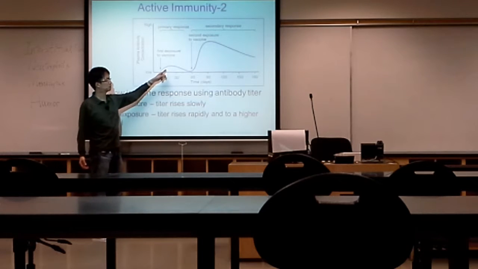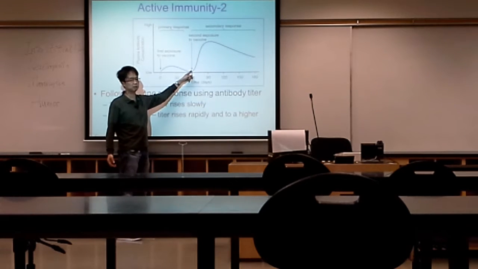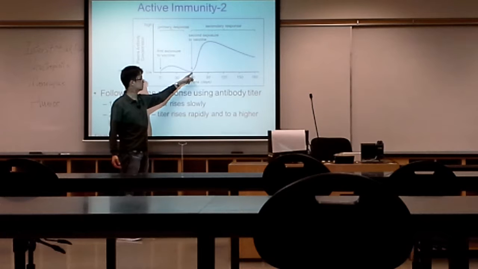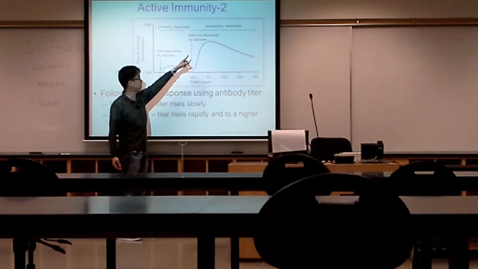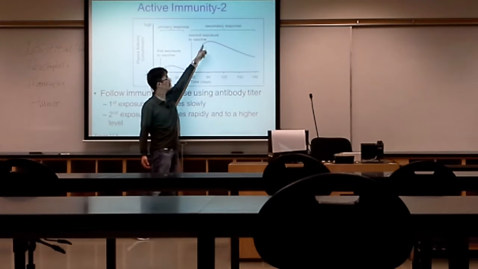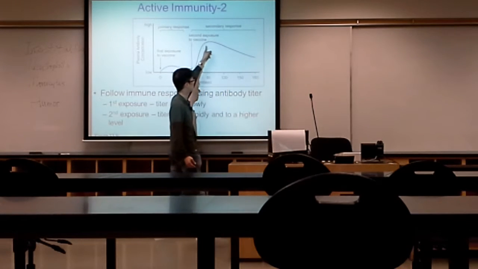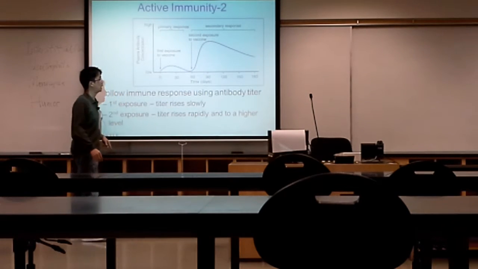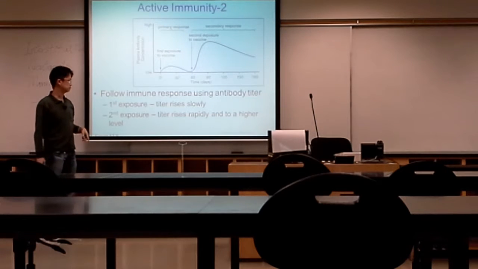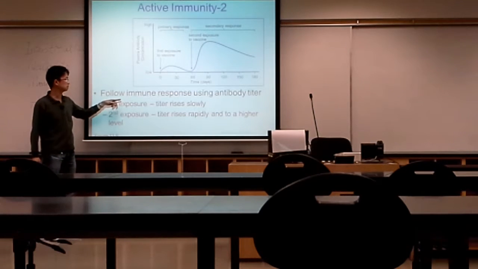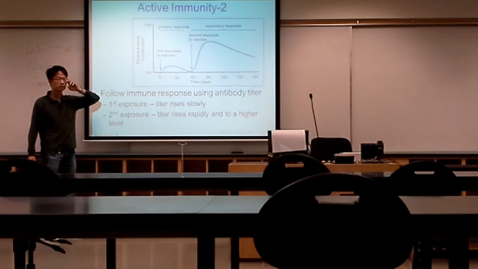But subsequent pregnancies will trigger the secondary response, in which the mother will secrete a lot of antibody and it will last for a long time. Because of the high titer of the antibody secreted by the mother, all this antibody will be able to diffuse across the placenta to attack the baby.